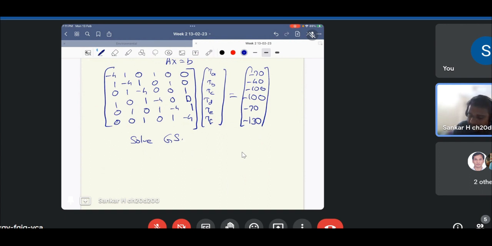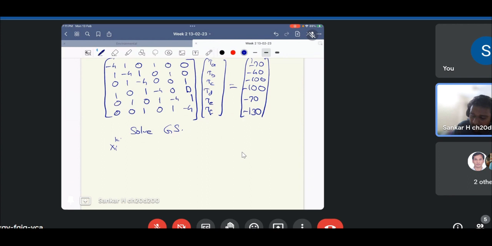In the Gauss-Seidel method, the answer x_i for the k plus first iteration is given by b_i minus the sum over j less than i of a_ij x_j at k plus 1, minus the sum over j greater than i of a_ij x_j at k, divided by a_ii.